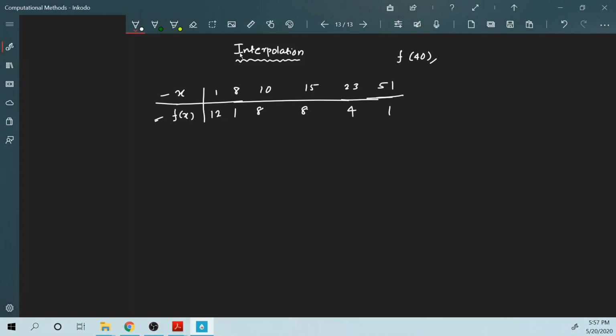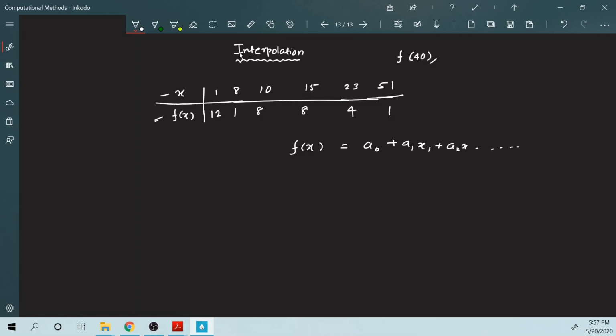You're going to fit a polynomial between these points, let us say a0 plus a1x plus a2x squared, and so on.